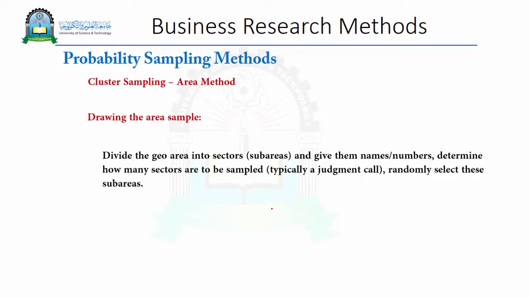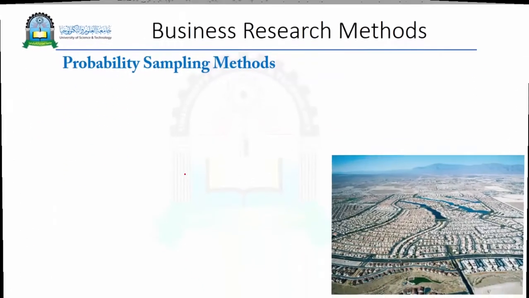To draw an area sample, divide the geographical area into sectors or sub areas, and then give them names or numbers, determine how many sectors are to be sampled, which is typically a judgment call, and then randomly select these sub areas.